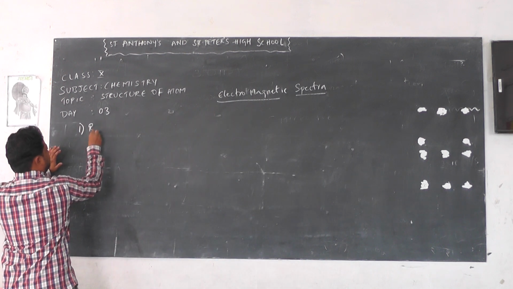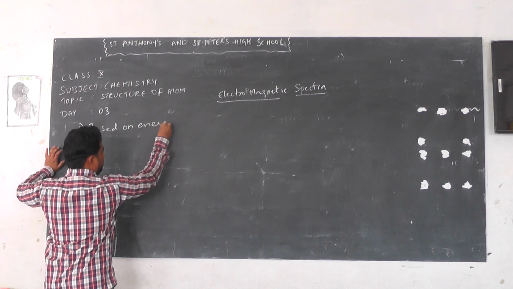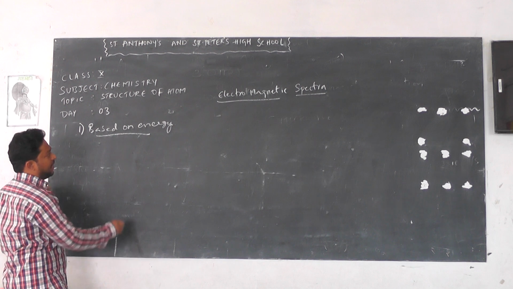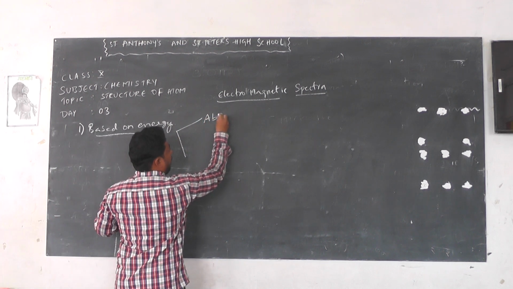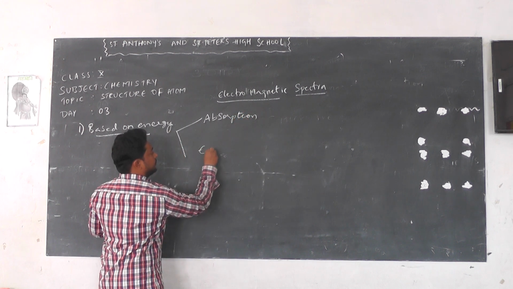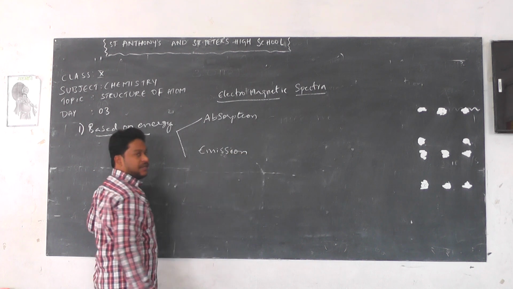Electromagnetic spectra based on energy. Based on energy, here we have absorption spectra and emission spectra.